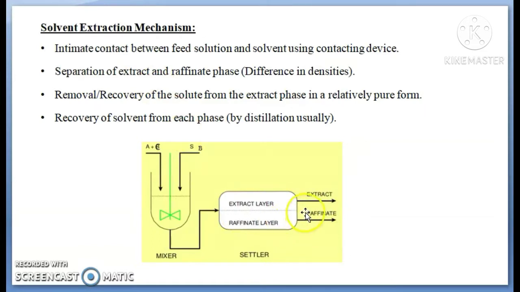Then, after the extract phase and the raffinate phase are obtained, the removal and recovery of the solute from the extract phase in a relatively pure form can be done. Further, the recovery of the solvent from each phase can also be done by separation processes such as distillation.